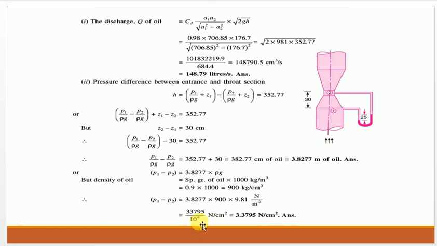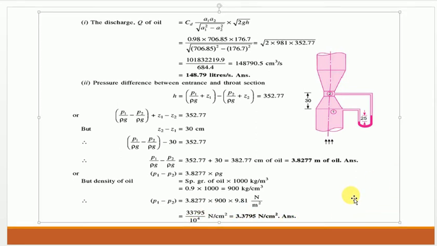If we divide by 10 power 4, we can get it in terms of centimeter square. So this will be 3.3795 Newton per centimeter square, which is the pressure difference between section 1 and section 2. This is the amount of pressure reduced from section 1 to section 2, and due to this reduction in pressure there is also an increase in velocity.